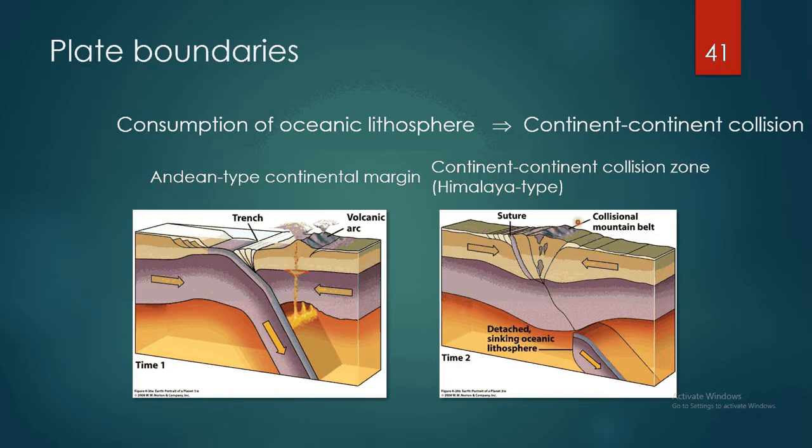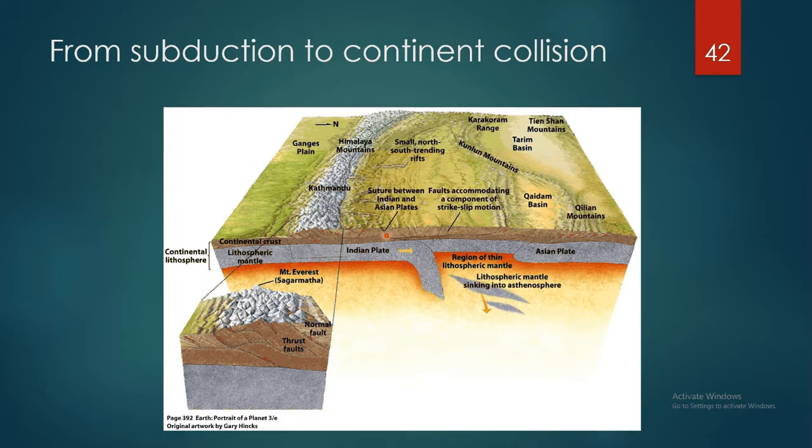And that's what we see the Himalayas as, these large, extremely elevated mountainous regions. So it starts off with the consumption of the oceanic lithosphere, oceanic crust, and that causes the continent collision from this to that.